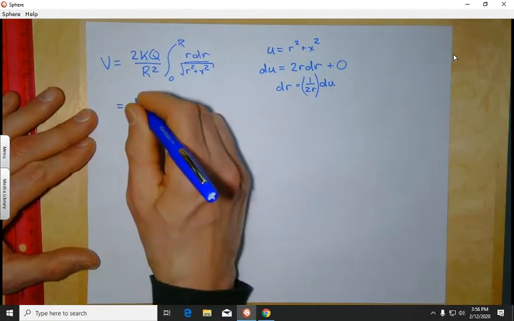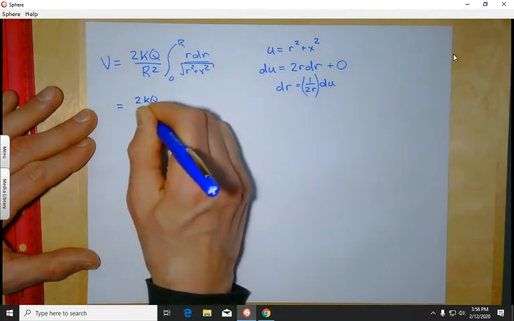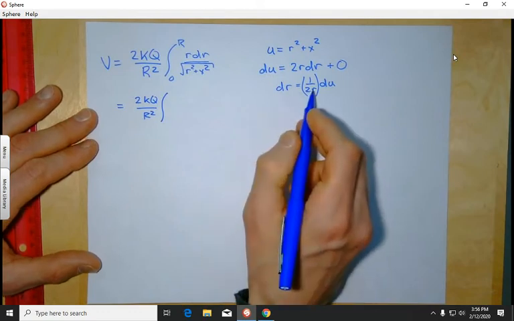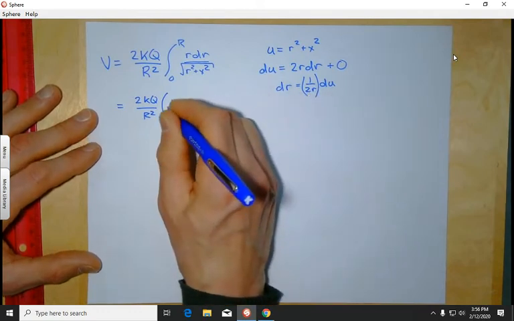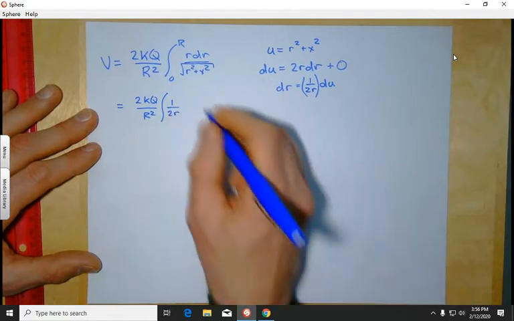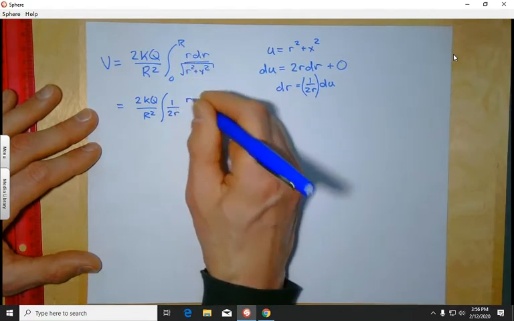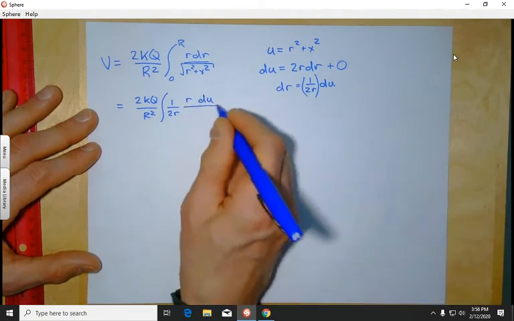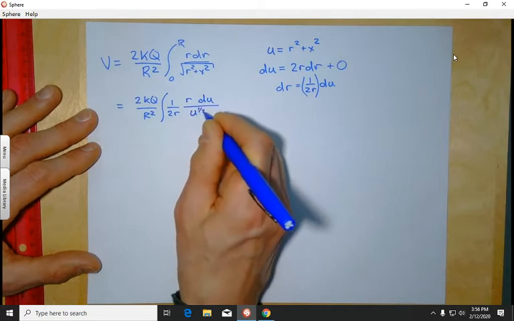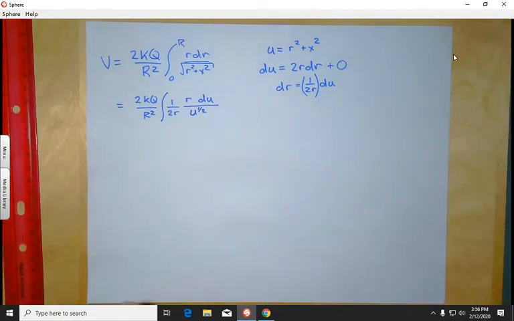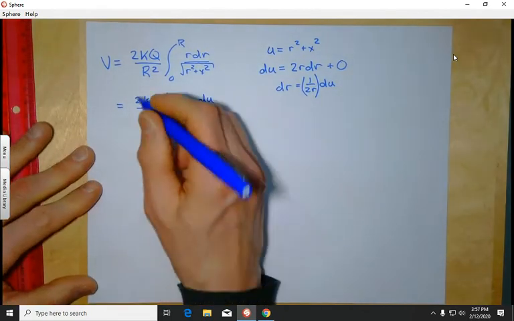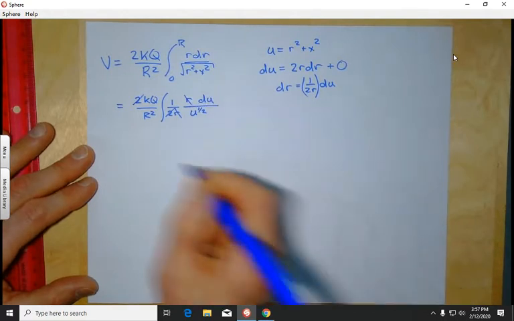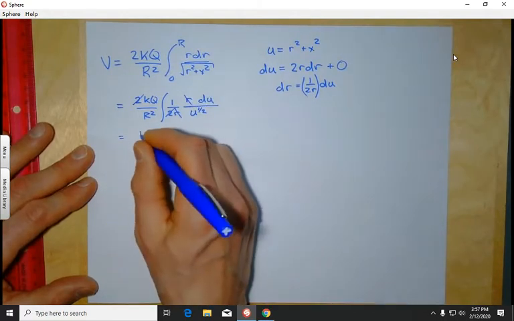Okay, so this is going to end up being then that times the original r that was up here in the first place with my du all over u to the 1/2. Okay, and so you can see that the 2's cancel out, the r's cancel out, and you're left with this.